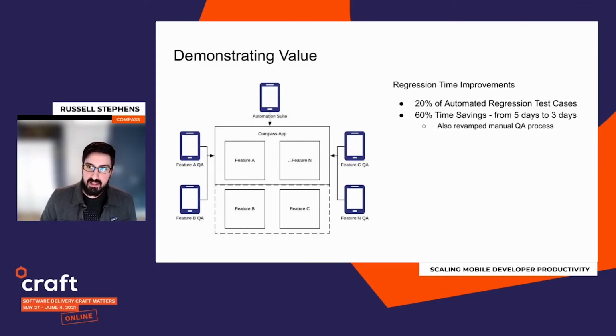And that leveraged a 60% time savings, reducing the time it took us to actually QA the app and say that it's okay to release. It reduced it from 5 days to 3 days. So we were also able to revamp our manual QA process by not testing anything that passed an automation test and only focus on the things that were not yet automated. And the edge cases of things that were automated that failed, we would retest those manually.